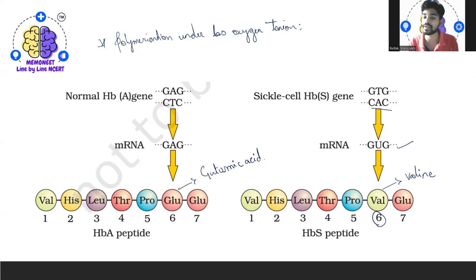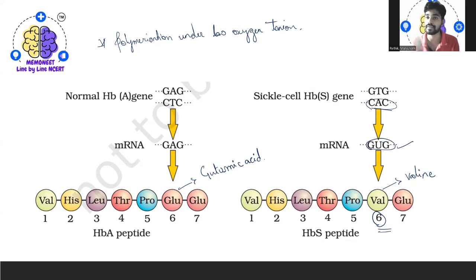As a result, the substitution of the amino acid in the globin protein results from a single base substitution at the sixth codon of the beta globin gene, from CAC to GUG.